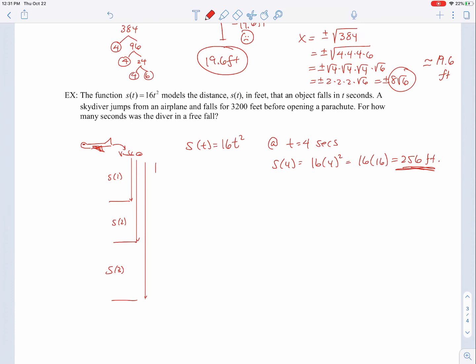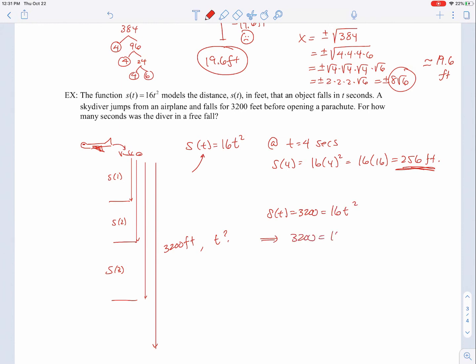So, the question now is, if he falls for 3,200 feet, how much time has he been in the air? Well, that's not an input-output question. That's an output-input question. So this is a quadratic equation.